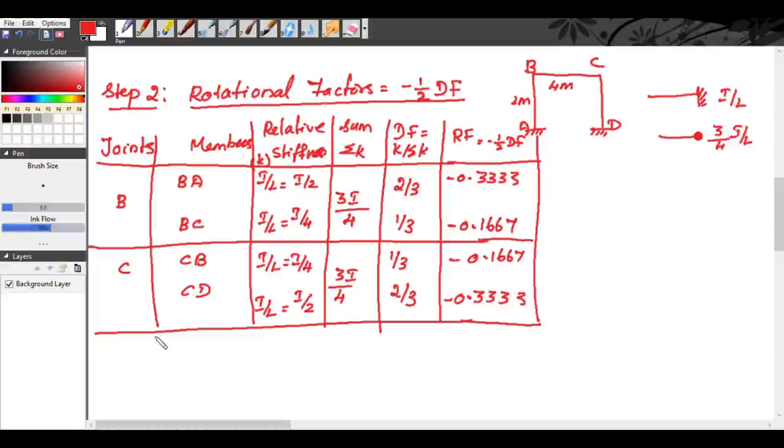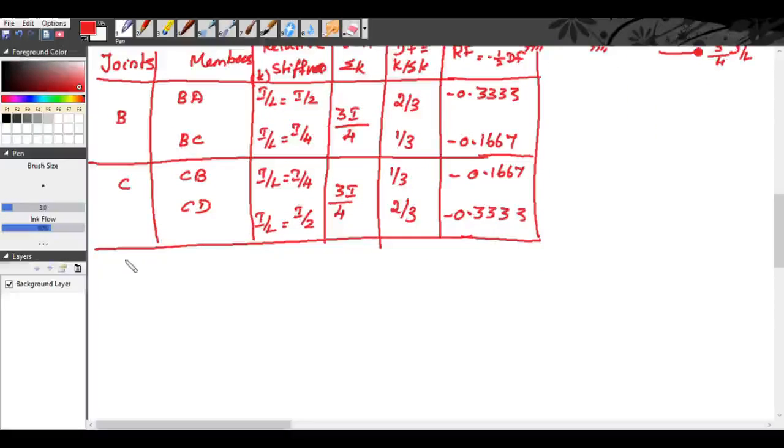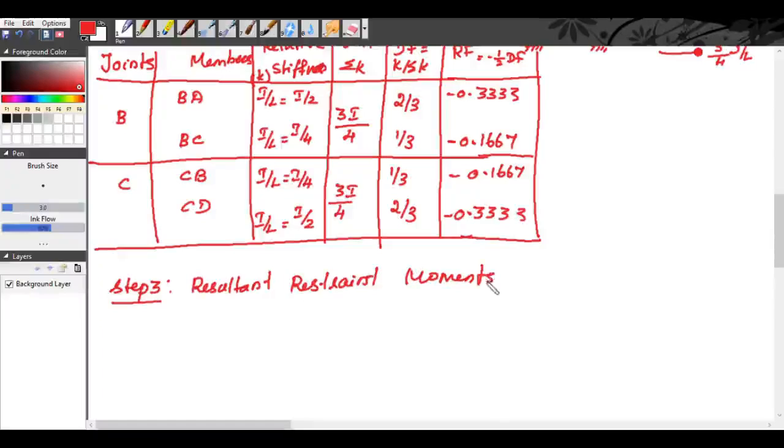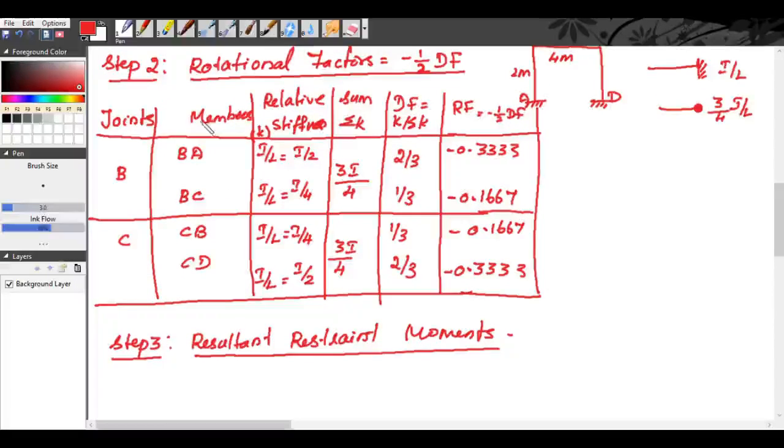Now step 3, we will find the resultant restrained moments. So you remember, when we consider the second step, since it is a symmetric frame, it remains the same. For B, this point, it is symmetric.